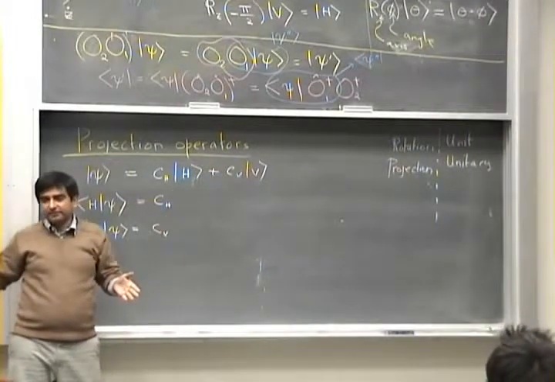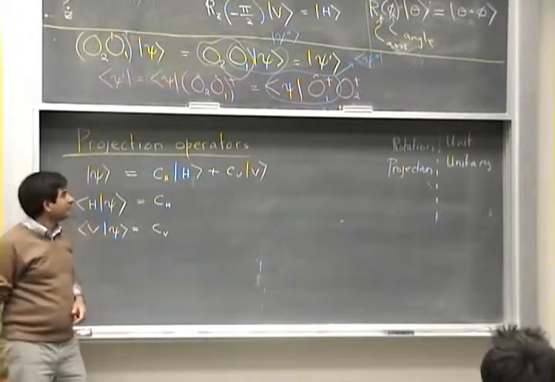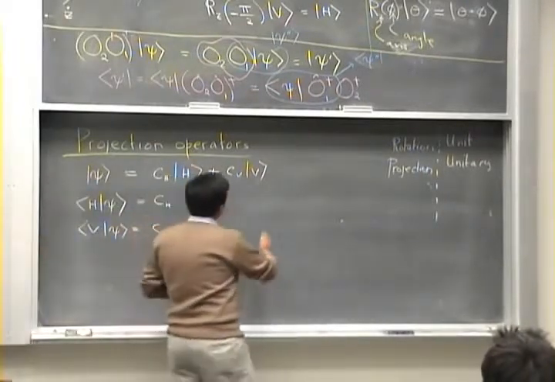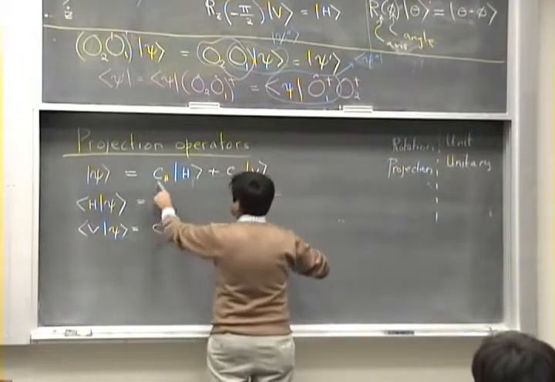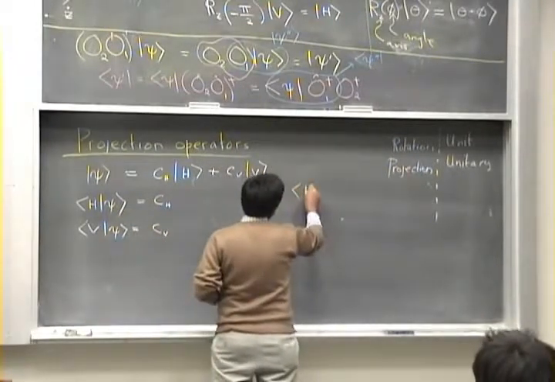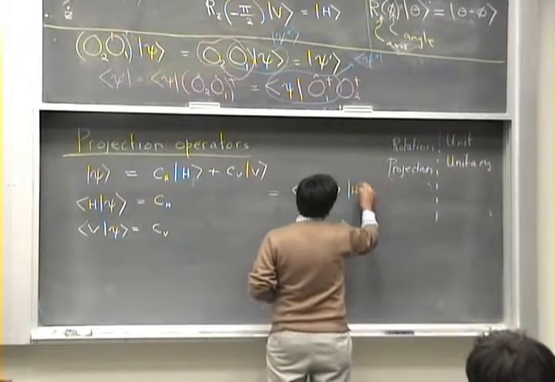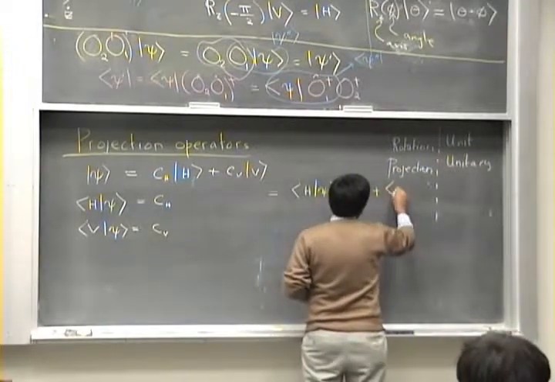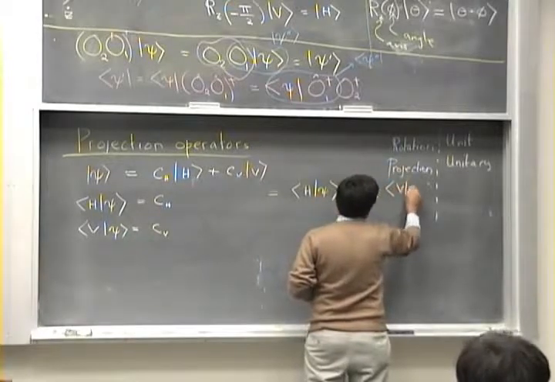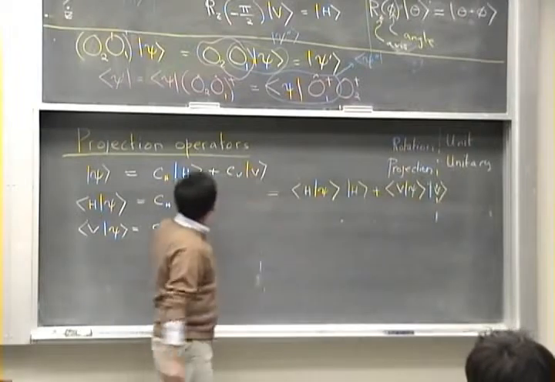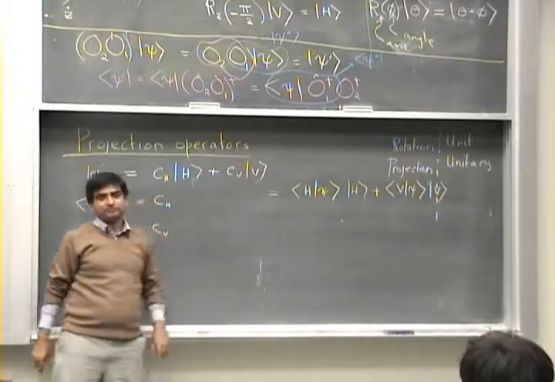Hence, I can write this state with C_H replaced by this inner product, times ket H, plus the same for V. Agreed? There is no harm in writing this original state in this form.